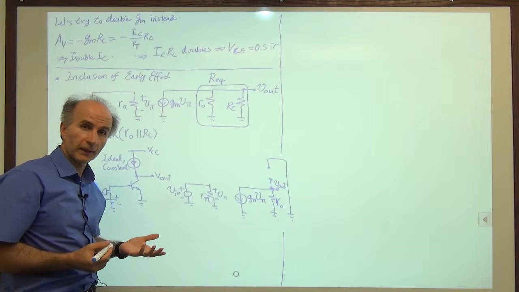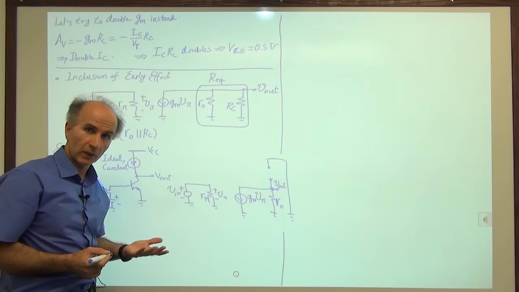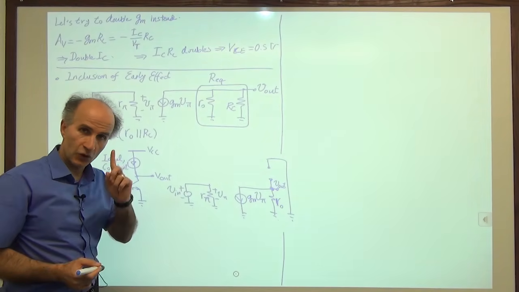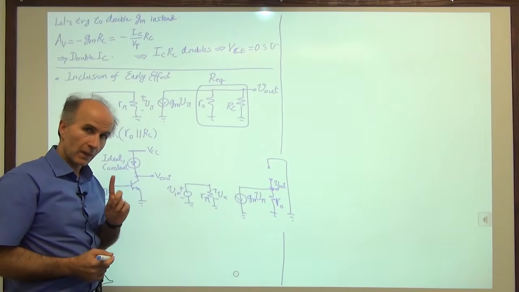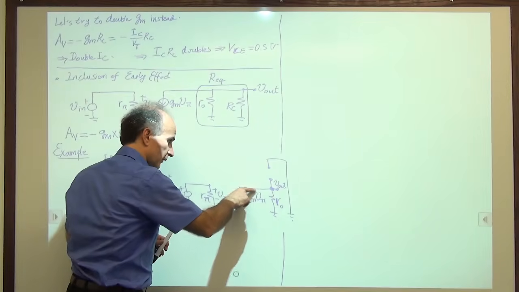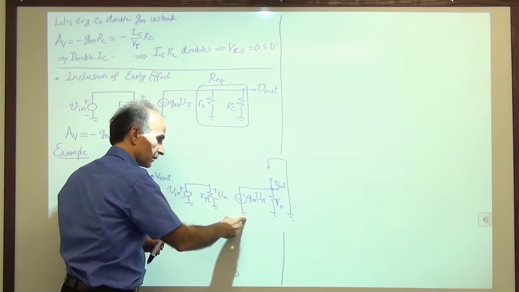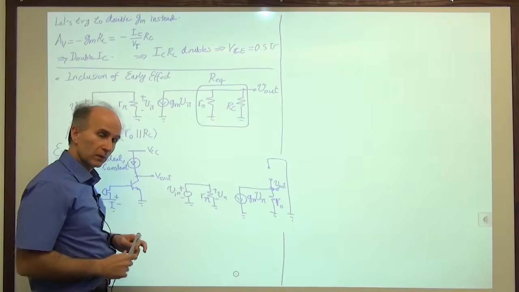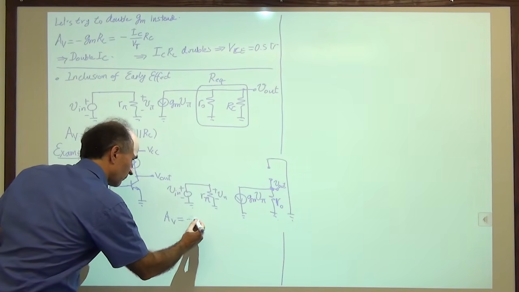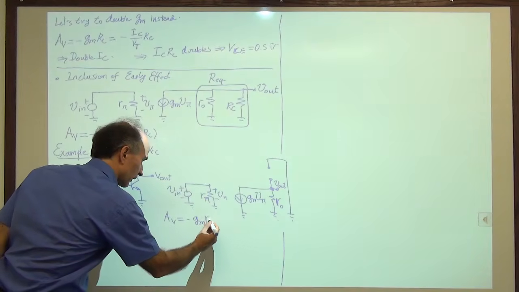And this nice little circuit has a simple gain equation. The gain of that circuit is given by minus Gm times the total resistance connected between the collector and AC ground, which happens to be RO. So we see that AV is equal to minus Gm times RO.